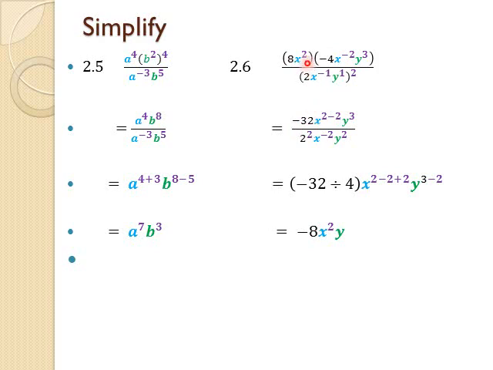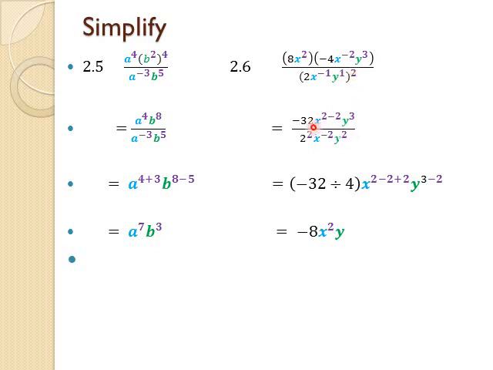I have x squared and x to the negative 2. If I multiply, I add exponents, so that becomes 2 minus 2. Y cubed is on its own on top, so it simply stays y cubed. The bottom 2, and this is where we catch you out. You'll forget about the invisible 1 and you'll go right 2 there. So take note, there's 1 times 2, which makes it 2 to the power 2. Negative 1 times 2, which gives me negative 2. 1 times 2, which gives me 2.